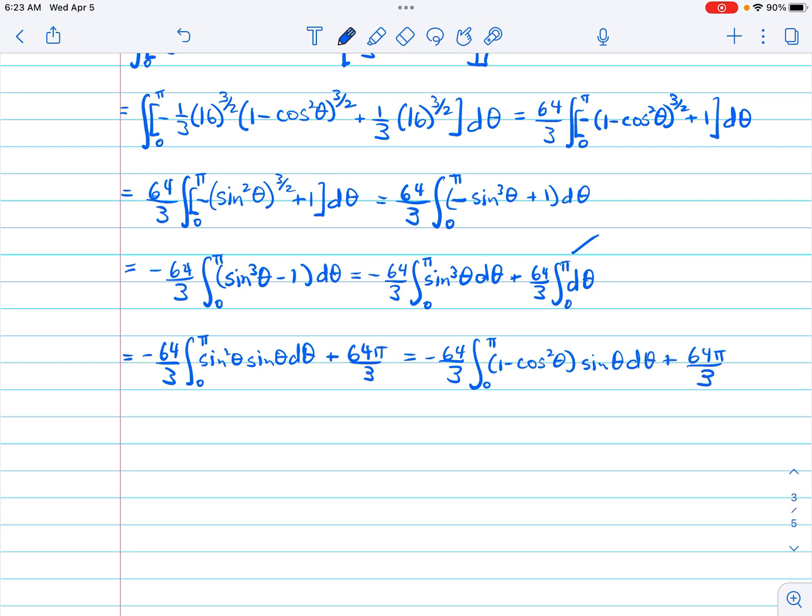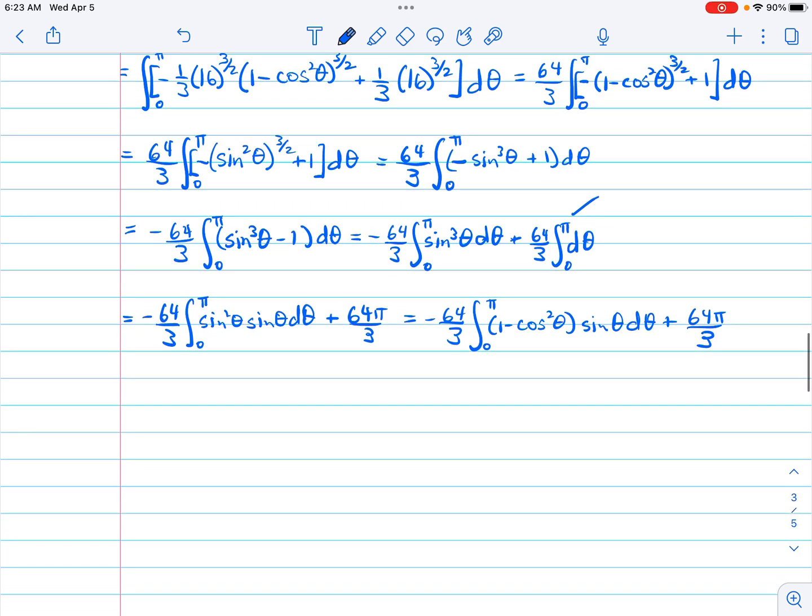Okay, this is what we've got so far. Now, I'm going to let u equal cosine theta. Then in that case, du is equal to negative sine theta d theta. That means that negative du is equal to sine theta d theta.